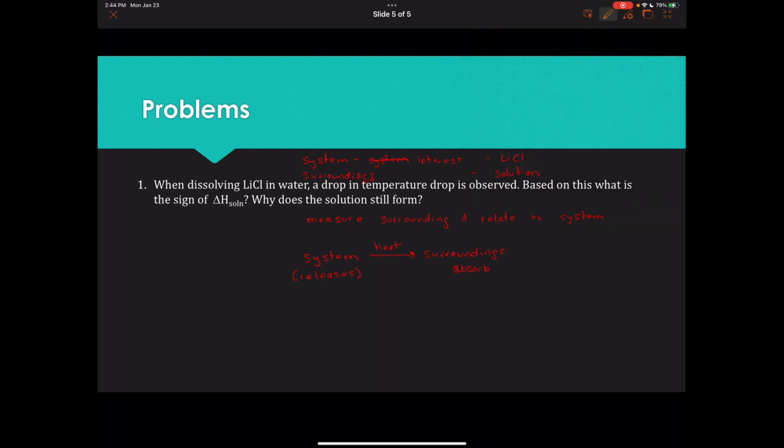Now, as a result of absorbing that heat, we've got heat entering our surroundings, that temperature increases. Now, if the temperature of my surroundings is increasing, it's doing so because heat's leaving my system, which means the temperature of my system decreases.